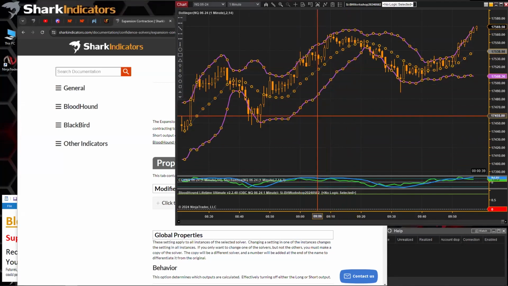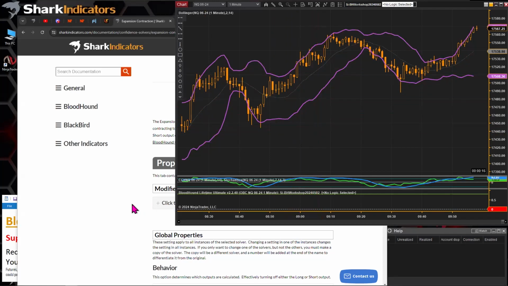So it has expansion contraction lines, or maybe somebody has a modified Keltner channel as well. And I think even the VWAP indicator might have expanding, contracting, because it uses the standard deviation lines as well. All right.